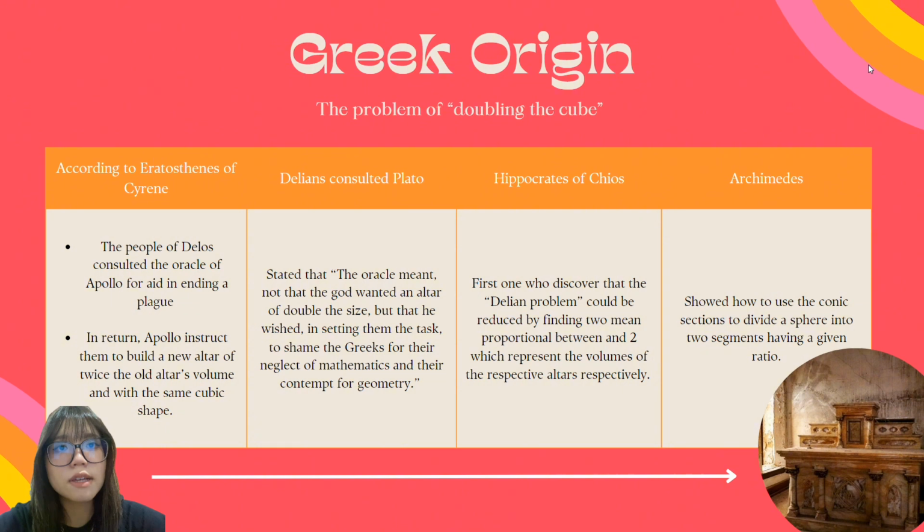Hippocrates of Chios was the first one who discovered that the Delian problem could be reduced by finding two mean proportionals between alpha and 2 alpha, which represent the volumes of the altars respectively. Later, Archimedes showed how to use the conic sections to divide a sphere into two segments having a given ratio.